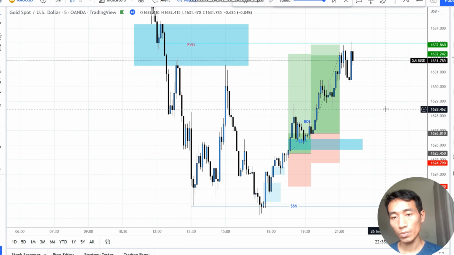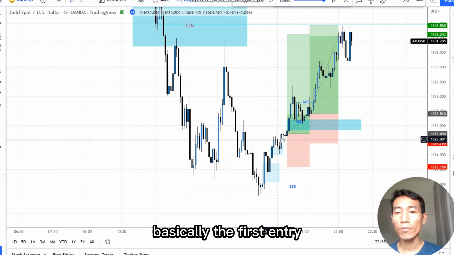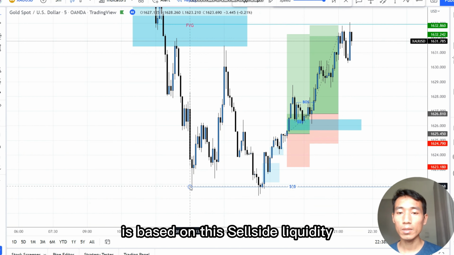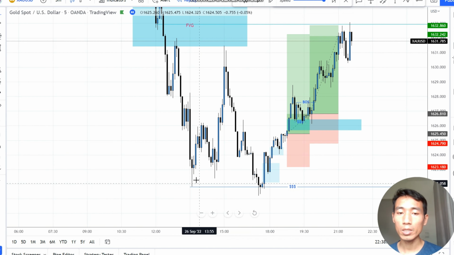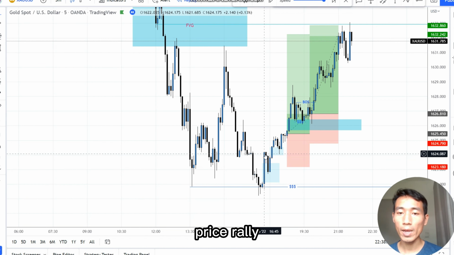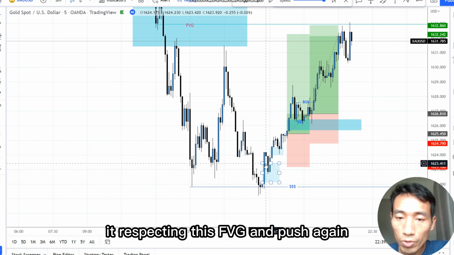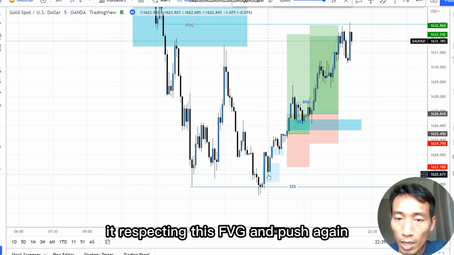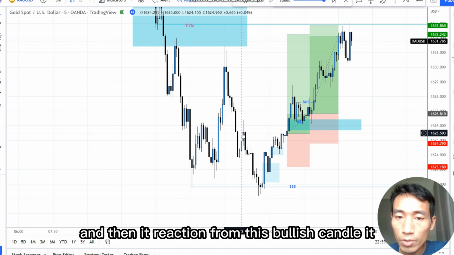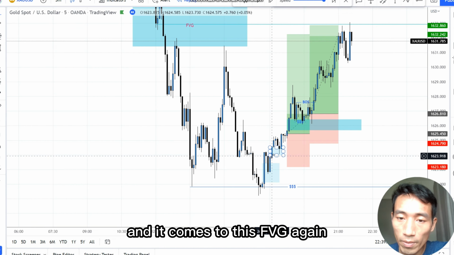So basically, the first entry is based on this sell side liquidity got taken out. Price rallied, and I didn't enter around here because I want to see price build up. First, it respects this value gap and pushes again, and then it reacts from this bullish candle, and it comes to this value gap again.